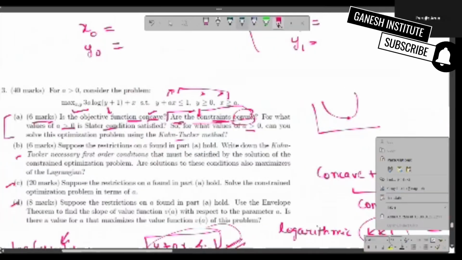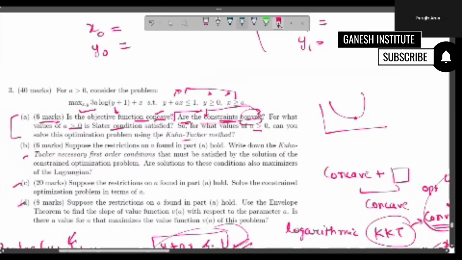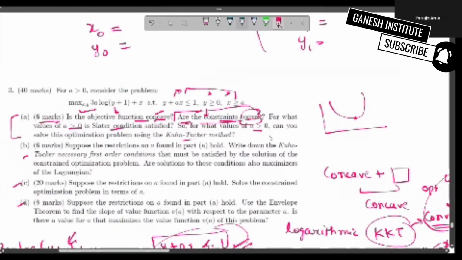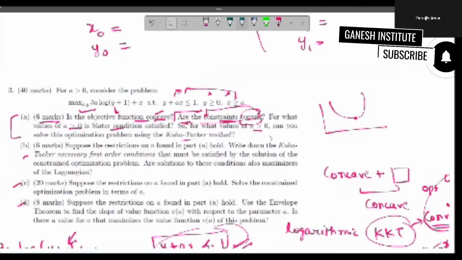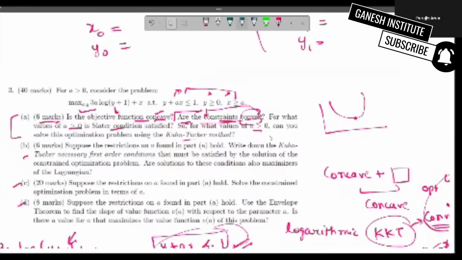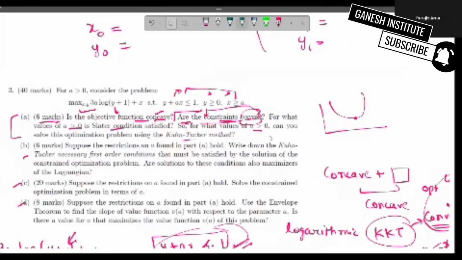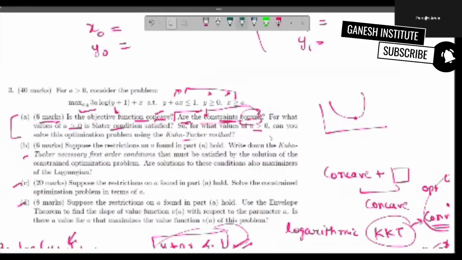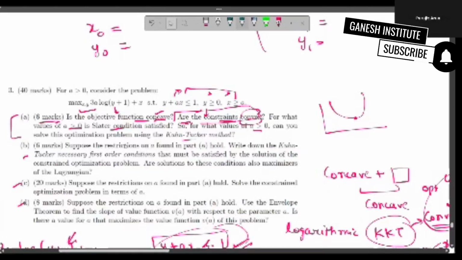Now the question was this. For what values of A greater than 0 can you solve the optimization problem using Kuhn Tucker? So firstly, you need to find out the value of A for which KKT can hold. Then, the extension: suppose the restrictions on A found in part A hold.